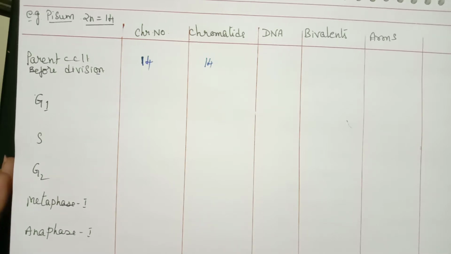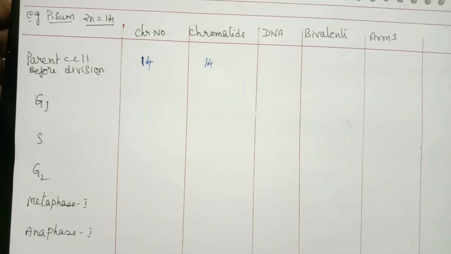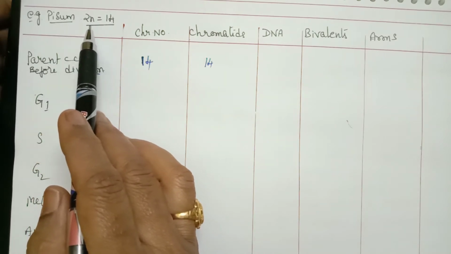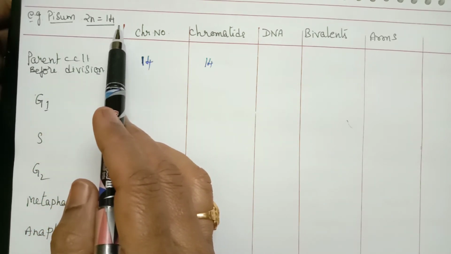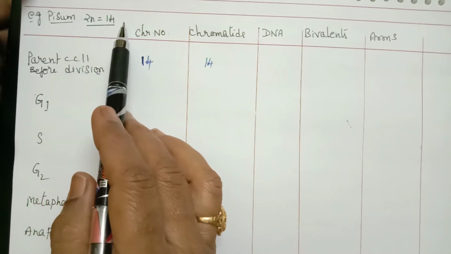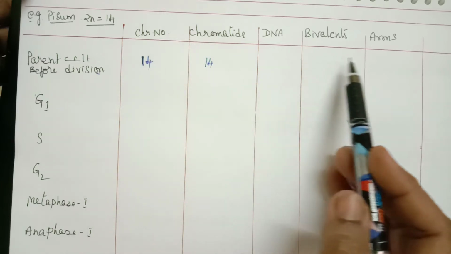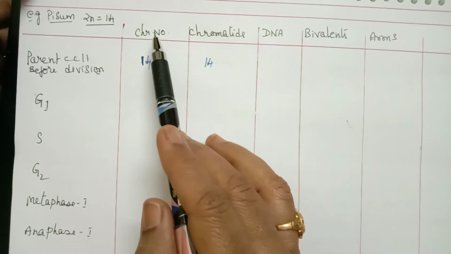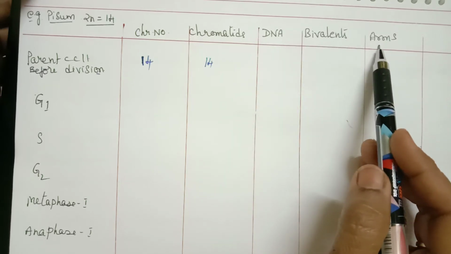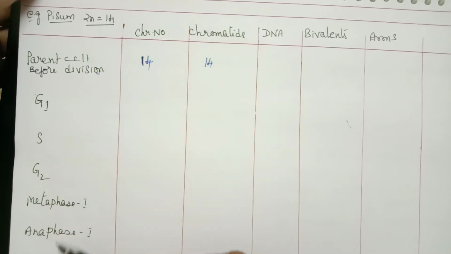So in this table, I have given different points. I have made a table showing different points. I have taken the example of Pisum where 2n number is 14, and with respect to this number, we are going to discuss various aspects regarding meiosis like chromosome number, chromatids, DNA, bivalents, and arms present in different stages of cell division.